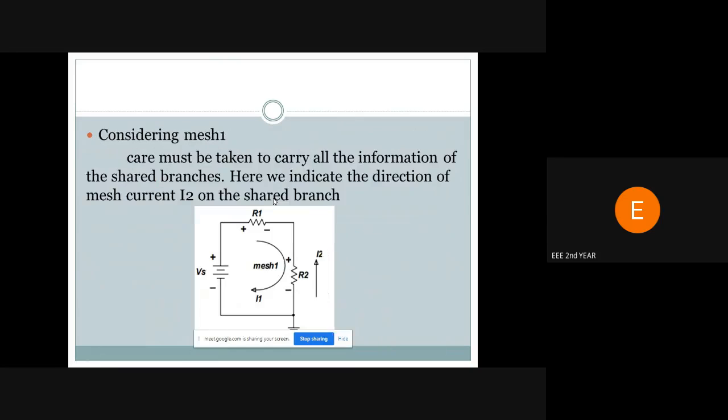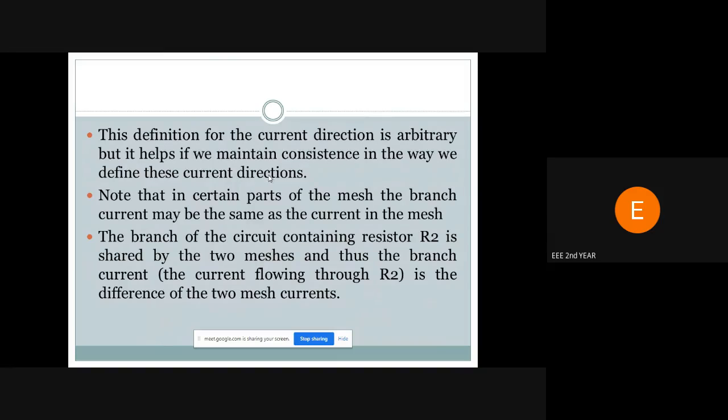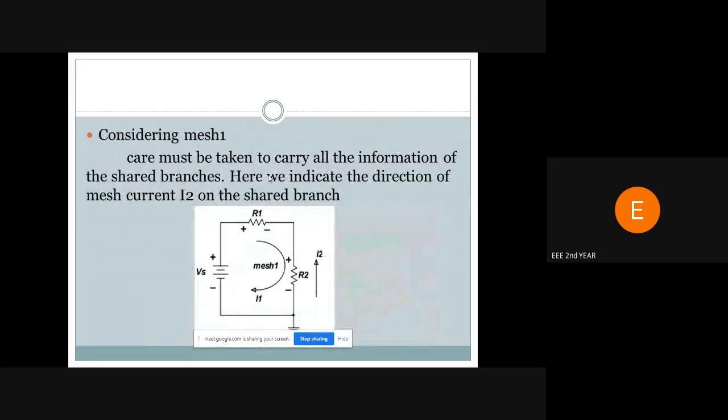And the next case, okay, do you understand this? In the next case, let us consider mesh 1. Just consider mesh 1. In this case, you must carry all the information of these shared branches.